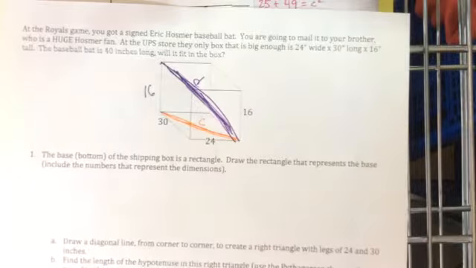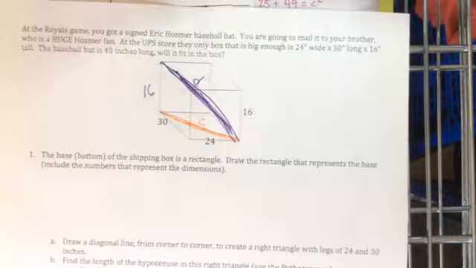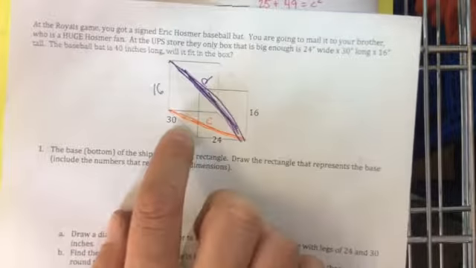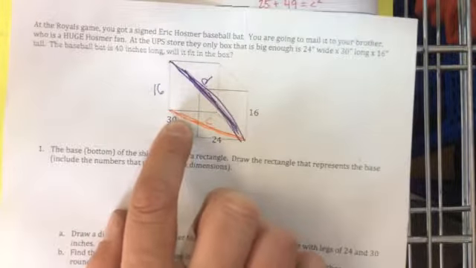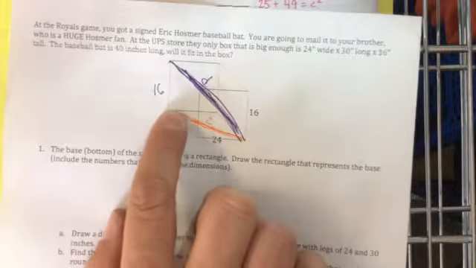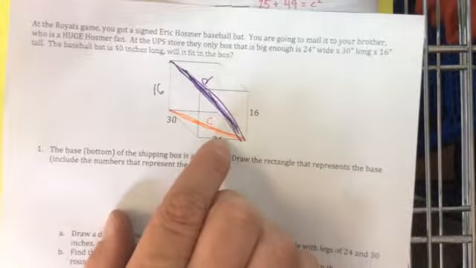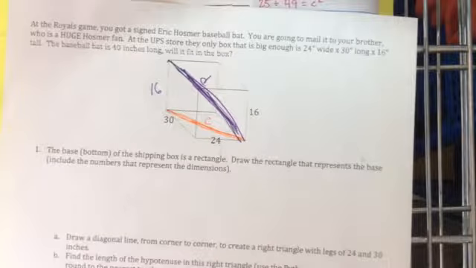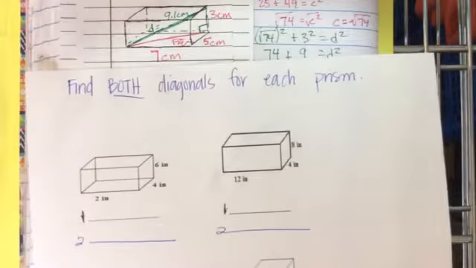And since our problem is oriented a little bit differently than the ones we did in class, go ahead and draw in our diagonals from back left to front right. So both diagonals means just find C and D. On the back side of the paper, find both diagonals.